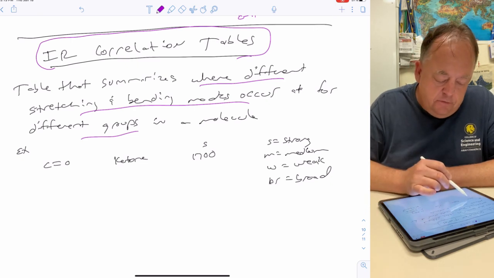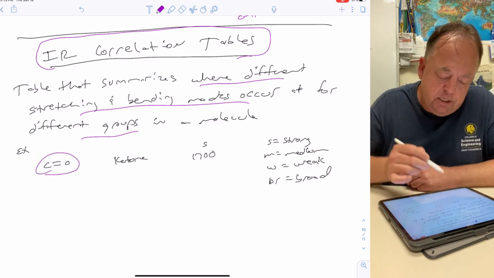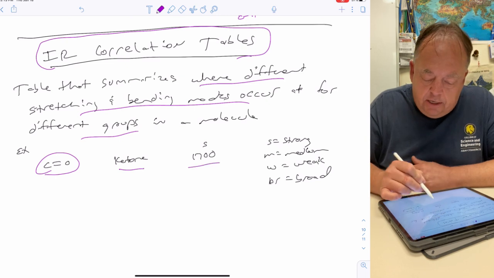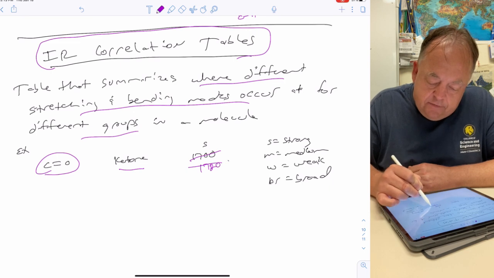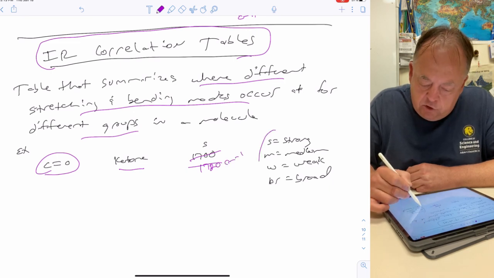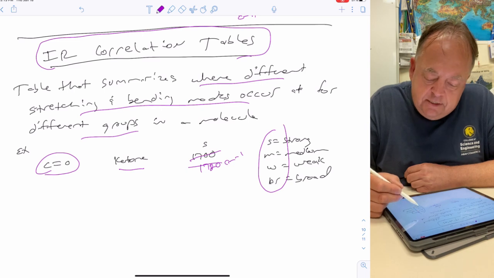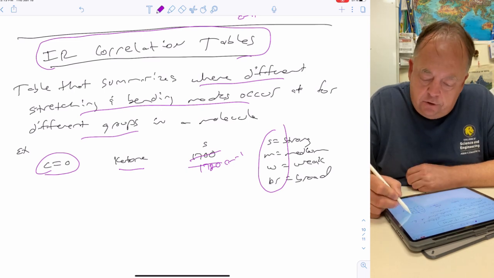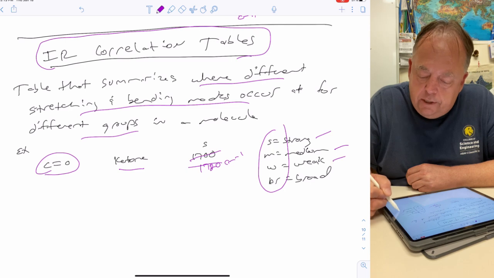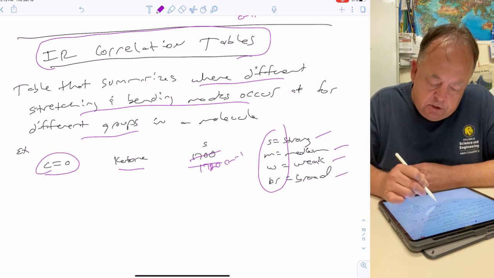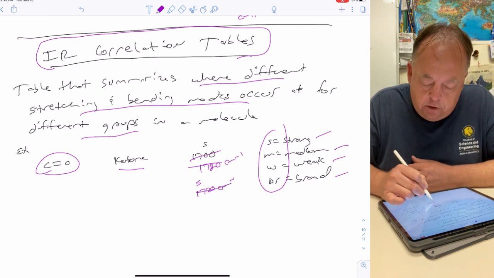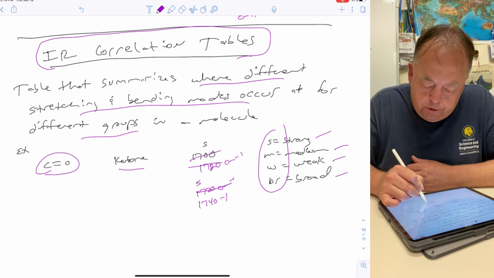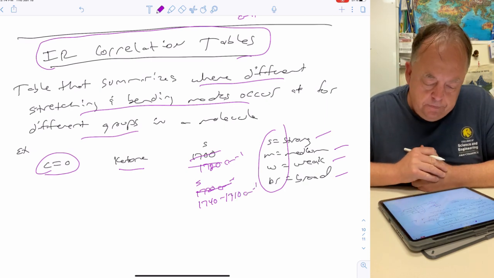So for a ketone, it may tell you, for example, that the C=O of a ketone has a peak maybe around 1720 inverse centimeters, and then it'll give you a code, whether it's S, M, W, or BR, meaning whether it's a strong signal, a medium signal, a weak signal, or a broad signal. So this would say it's a strong signal around 1720. It typically gives you a range, like 1740 to 1710 inverse centimeters.